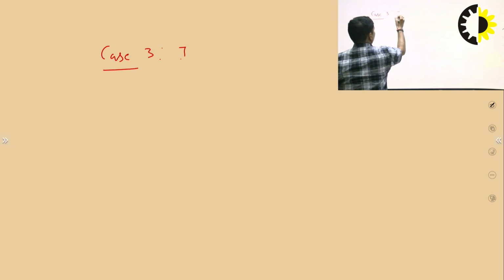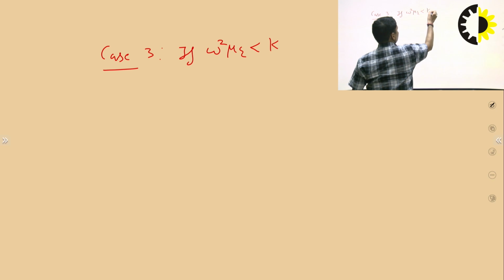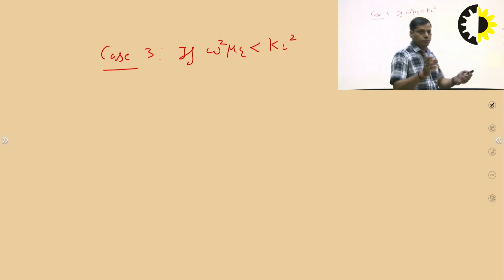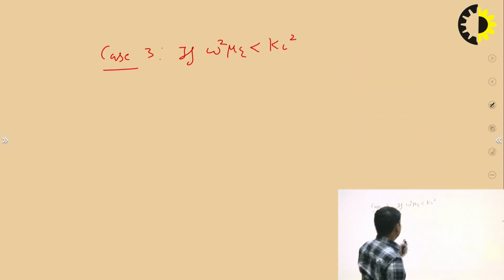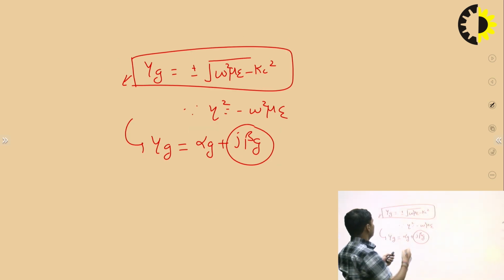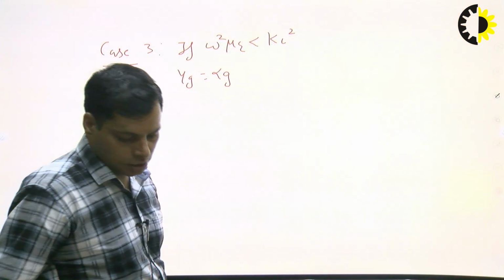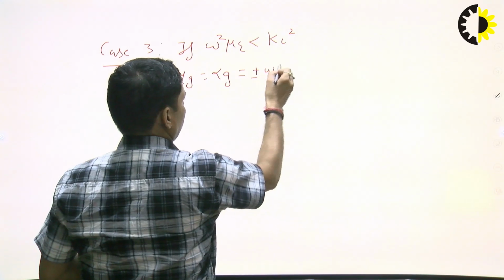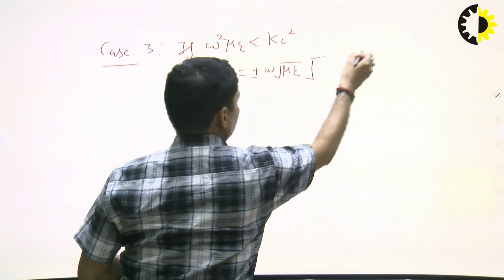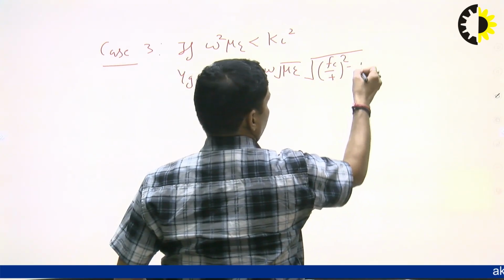Now case 3: if omega squared mu epsilon is less than kc squared, then gamma g is equal to alpha g, and this value will come out as plus minus omega under root of mu epsilon into under root of fc by f whole squared minus 1.